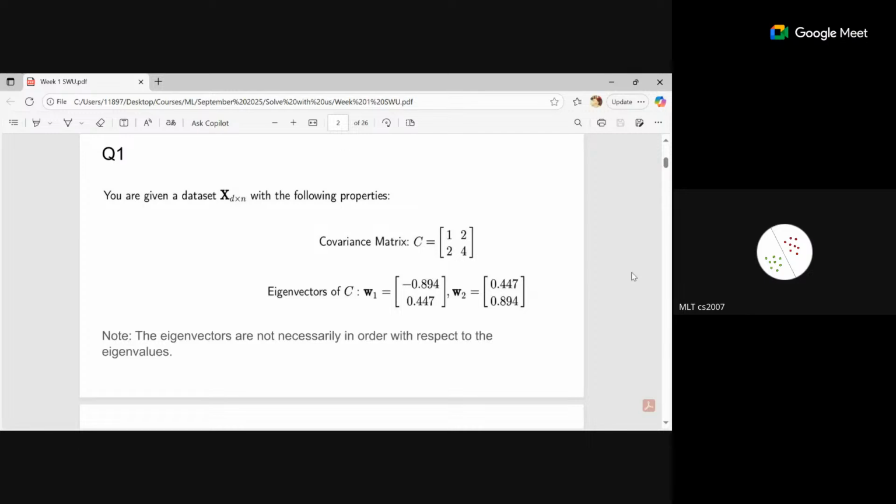W1 and W2 need not be such that W1 has to be the first principal component and W2 has to be the second principal component. There is just a data set given to us, and for that data set we have this covariance matrix C, and for this covariance matrix C we have these two eigenvectors, W1 and W2.